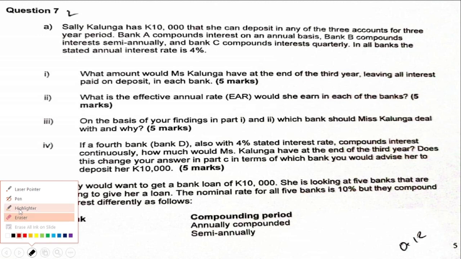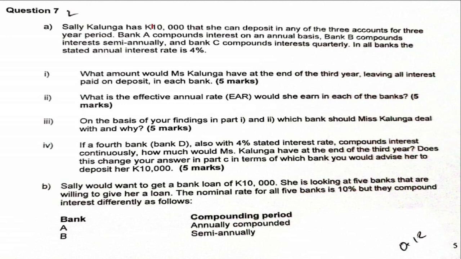Then we also have the interest rate. So the 10,000 there, it's a present value. Then our interest rate, it is 4%. So kindly take note.